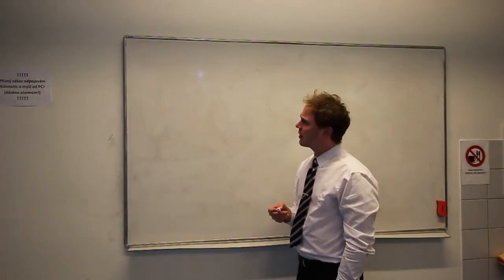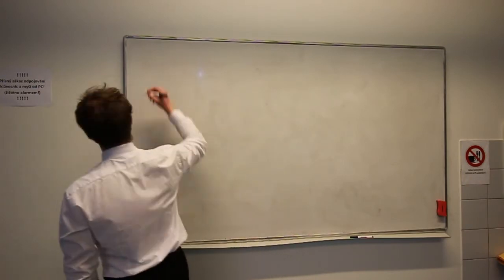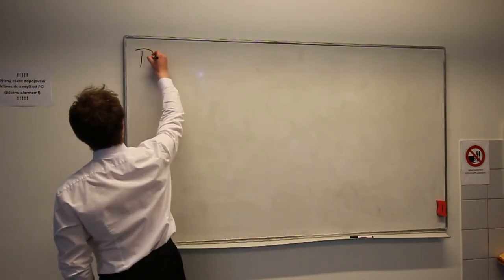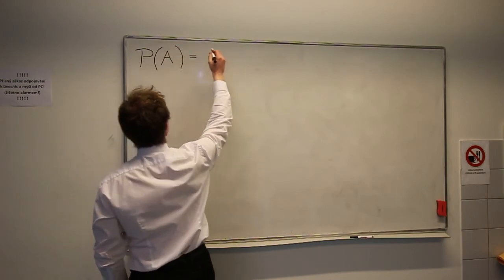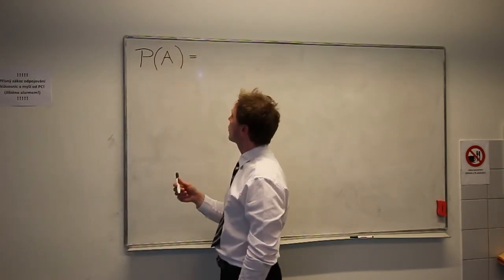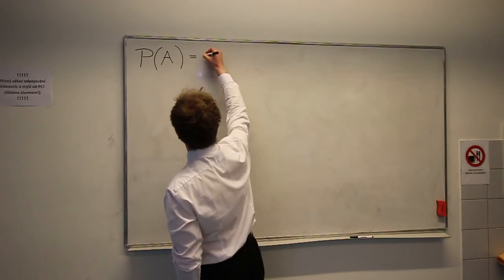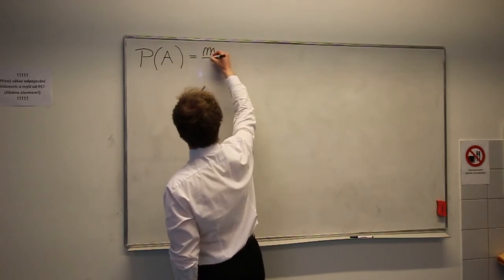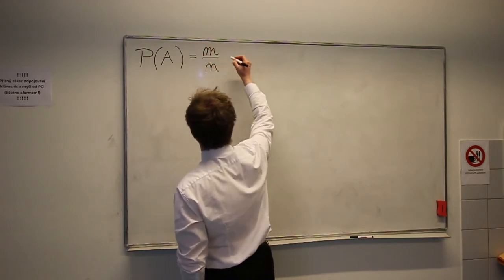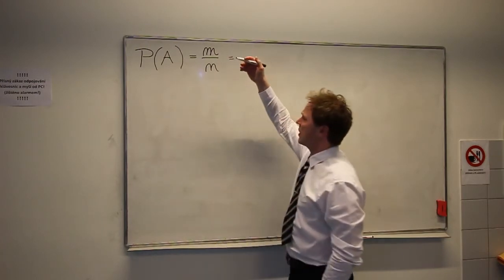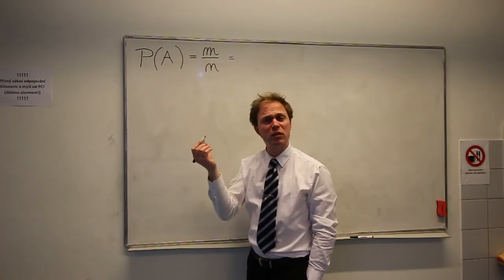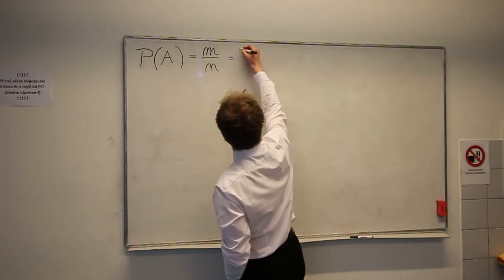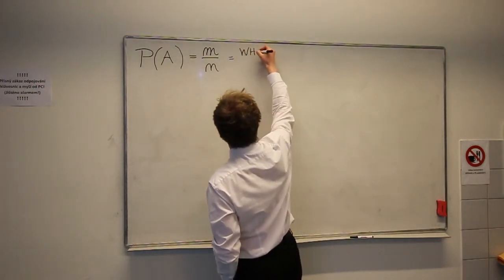At the beginning, we must define, yes, the probability of random event A. Yes, probability of random event can be calculated like a ratio m divided by n, because in numerator there is what I want, what I require. Yes, so I can write it here.